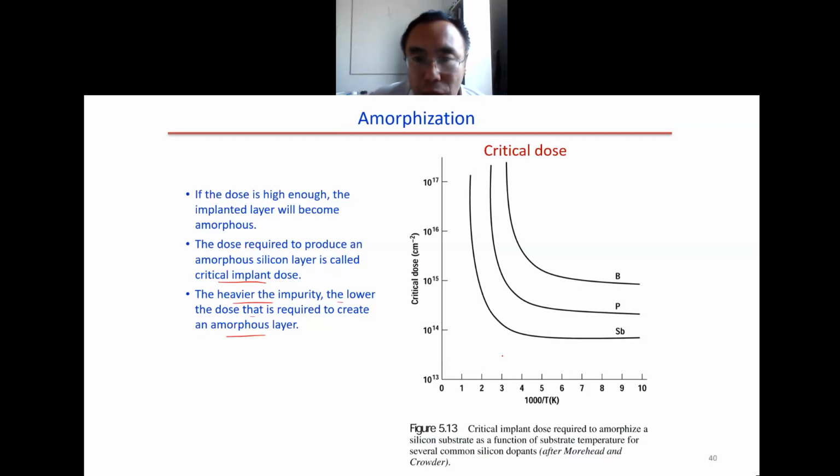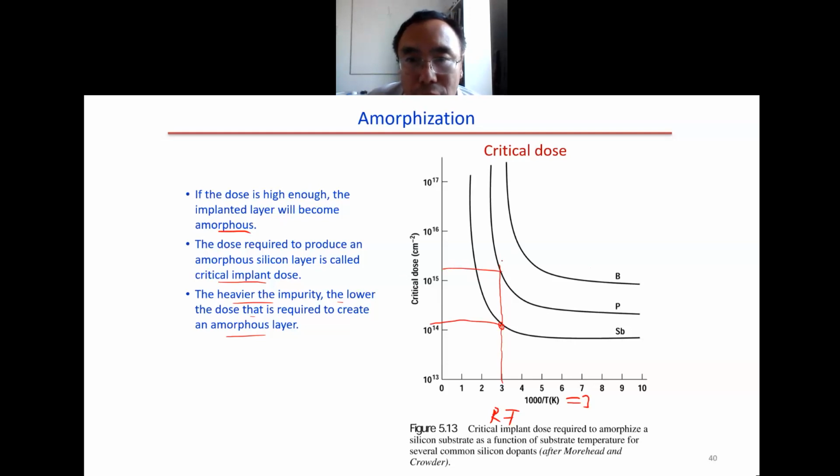So from this graph, if we talk about room temperature, we have this value about 3, and then this value here, something like this. For the antimony, we have this dose to make it amorphous. For the phosphorus, we have this dose to make it amorphous.